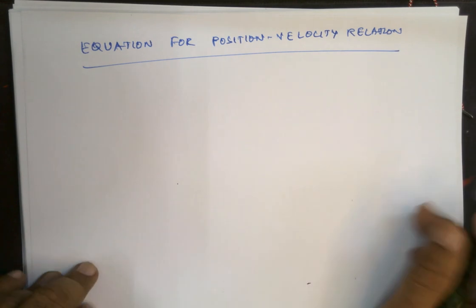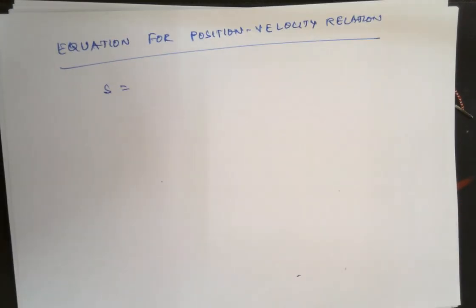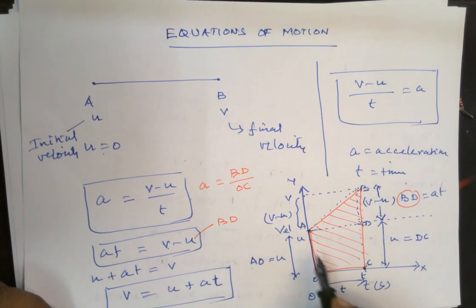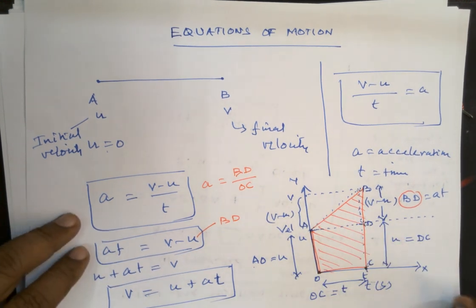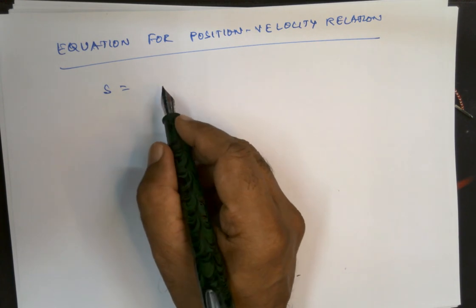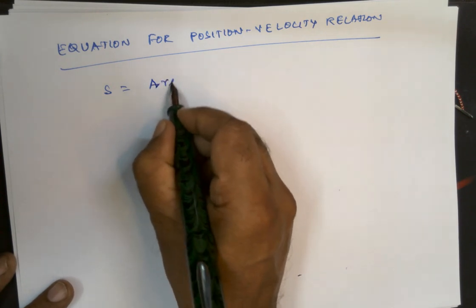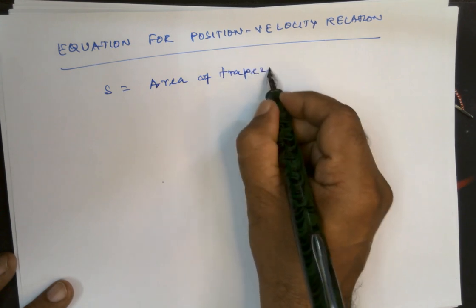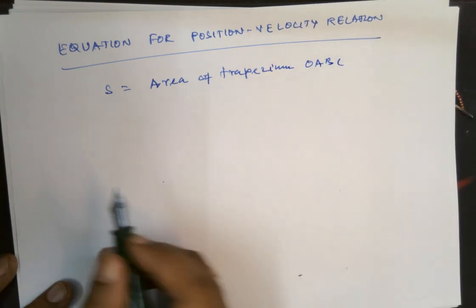We know S is nothing but the area of a trapezium, that we already discussed. S is given by OABC, which is a trapezium that consists of a triangle and a rectangle. So S, the distance traveled, is the area of the trapezium, indicated by OABC.